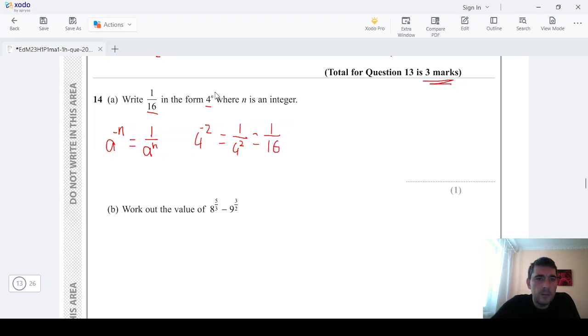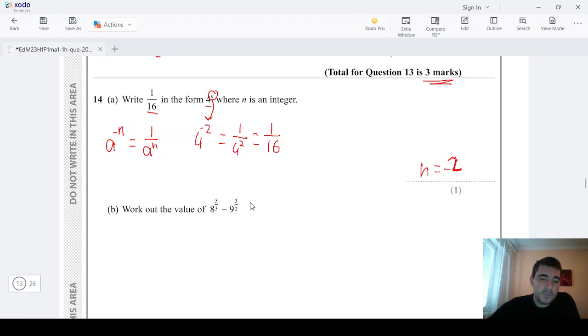So in that case, our n is negative 2. So let's put that as an answer: n equals negative 2.